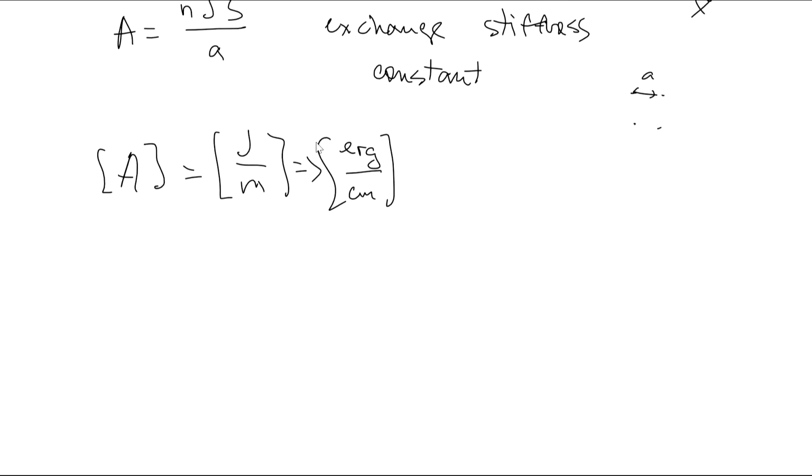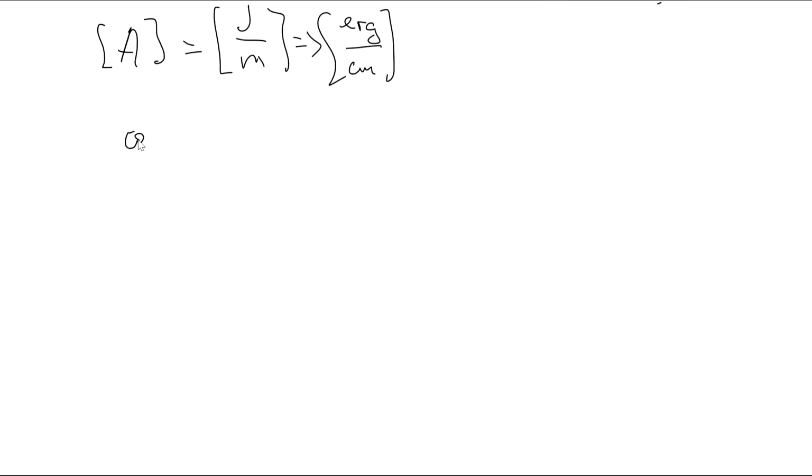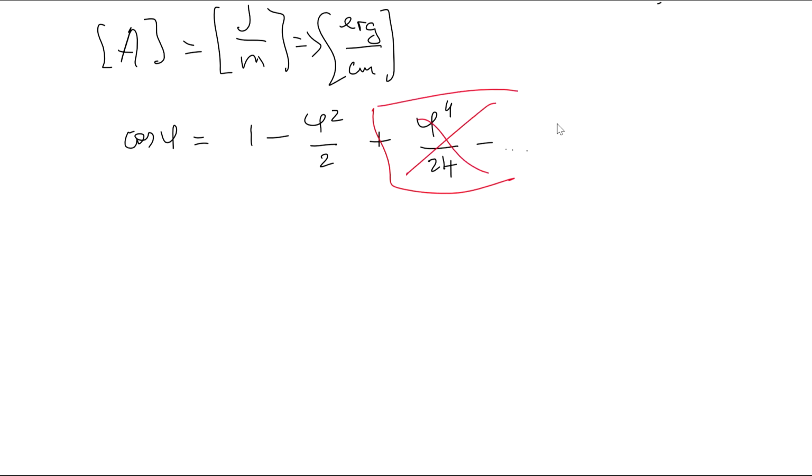If you look at the cosine function, let's expand it. Cosine phi is 1 minus phi squared over 2 plus phi to the fourth over 24 minus etc. So it's an expansion. So we will expand the cosine function, but we would drop all terms of higher order and use only these two terms.